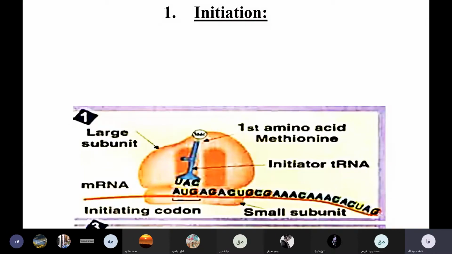The steps of translation, starting with initiation. First, the small and the large ribosomal subunit هن بيكونوا بعاد عن بعض.